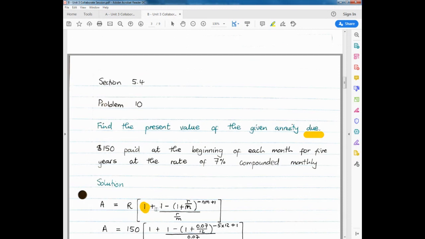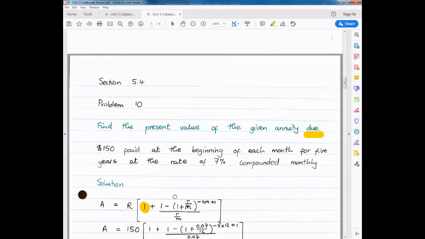That's why the 1 plus comes in there. There is a nice explanation of why the formula is the way it is. But if you just label your formulas properly, that this is for an ordinary annuity present value, this is for annuity due future value, then you would be able to apply that.